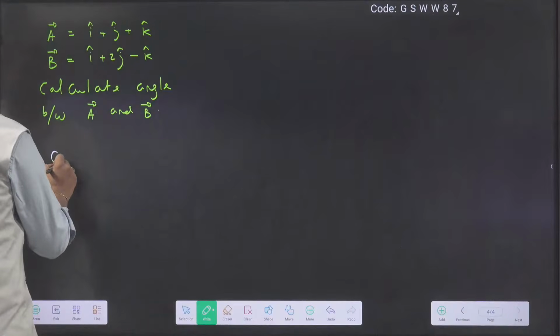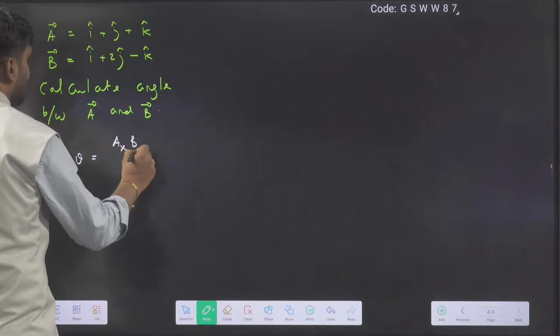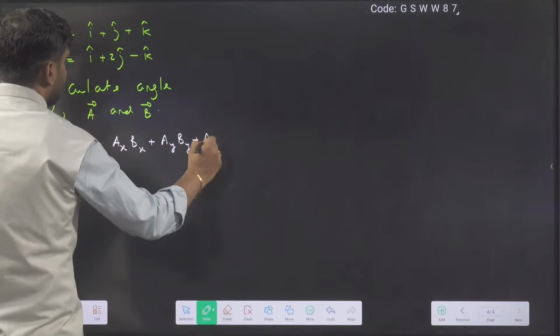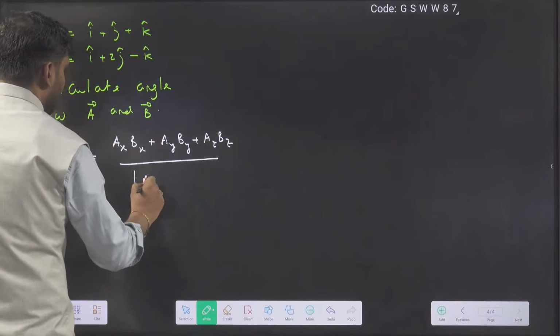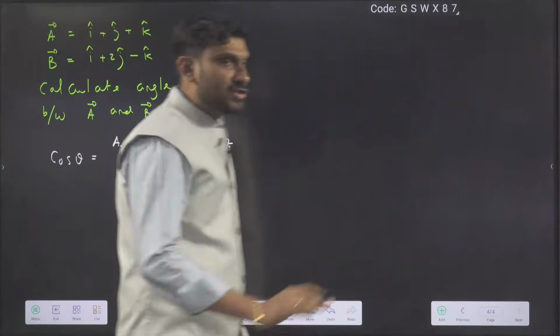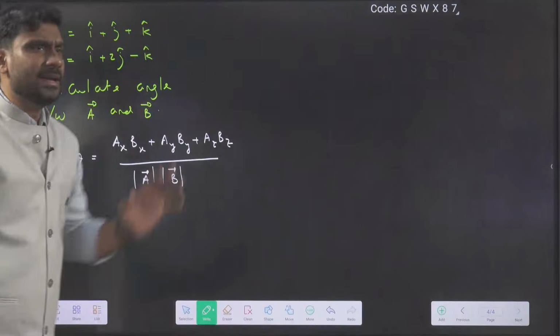So cos theta is equal to ax bx plus ay by plus az bz, divided by the magnitude of a vector times the magnitude of b vector. This is the formula. We can do it directly, no problem.